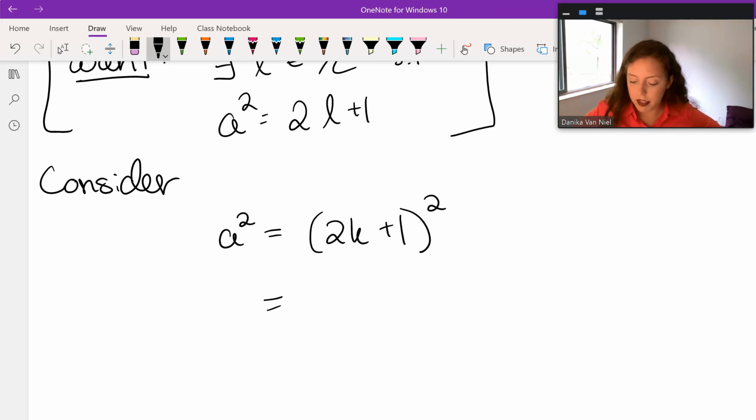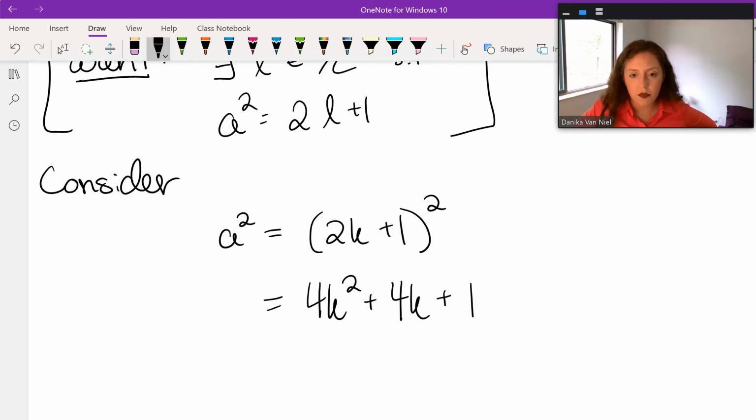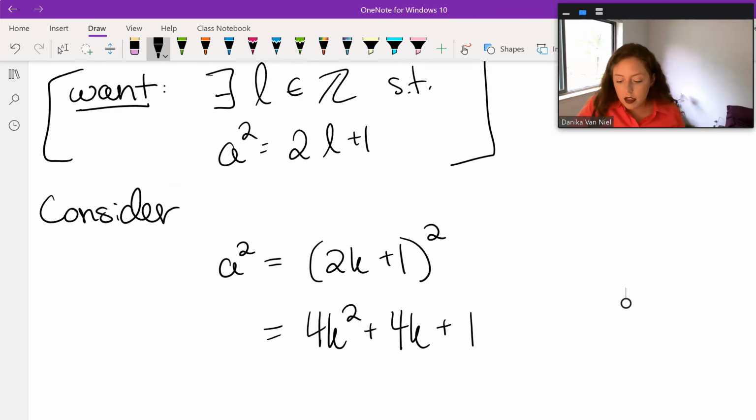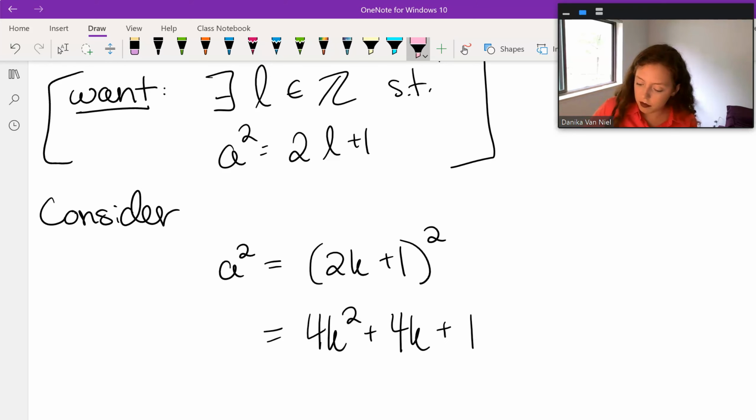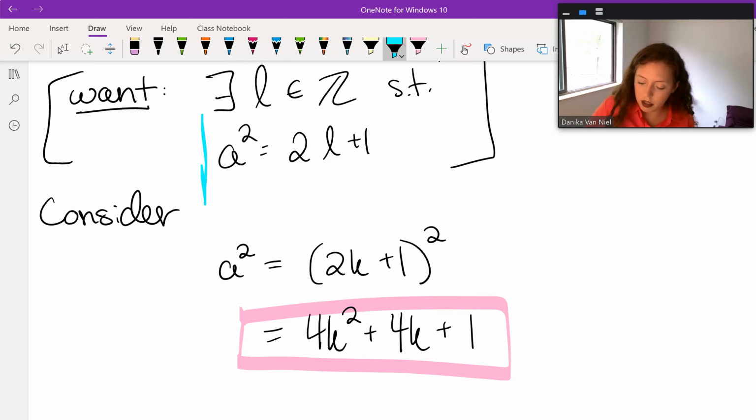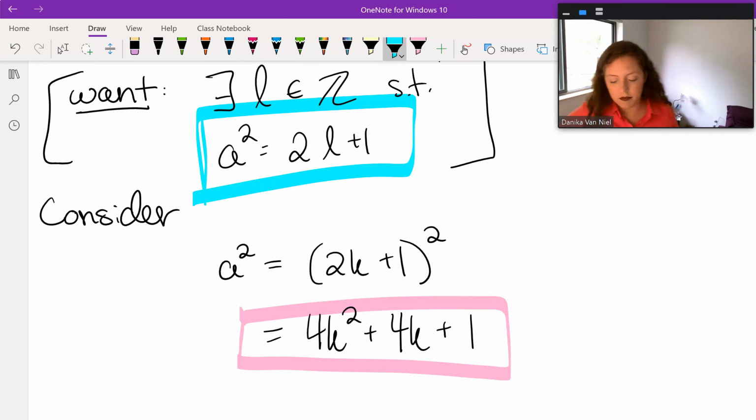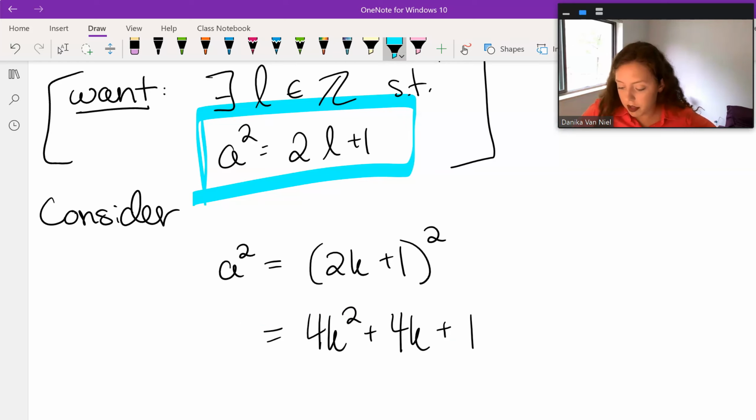Let me talk about what that equals. Okay, all right. So I want this formula to look a little bit more like this. So I want 2 times an integer plus 1. Well, why don't I start by singling out this plus 1?